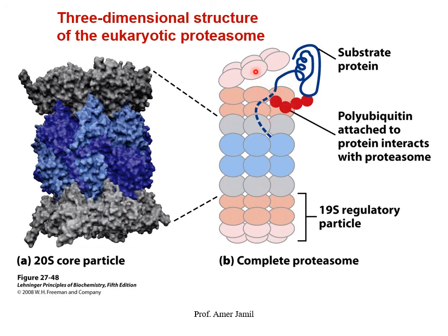This is the three-dimensional structure of the eukaryotic proteasome. And substrate proteins come inside, and polyubiquitin, as I mentioned, multiple molecules of ubiquitin are attached to these proteins. Attached to the proteins, it interacts with this proteasome, and inside the proteasome, the proteins are degraded.